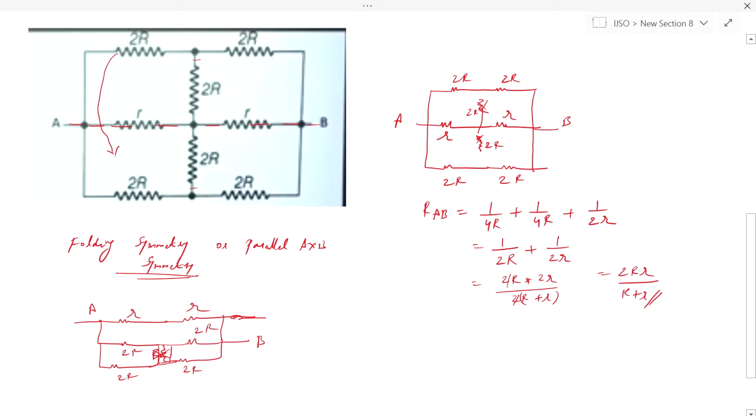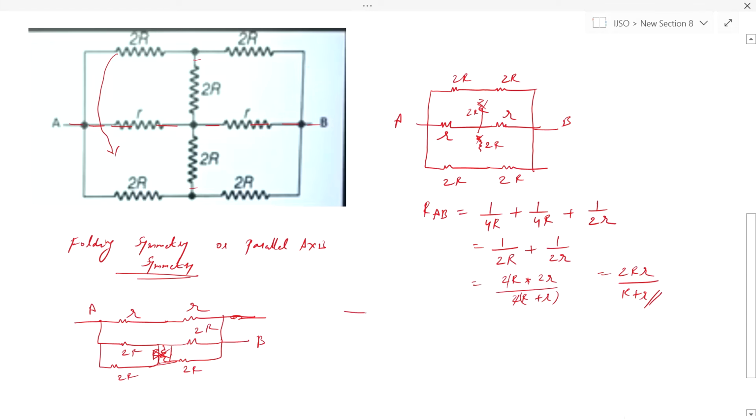So this will automatically get cancelled. Understood. So this 2R and 2R will automatically get cancelled by the balanced Wheatstone bridge.